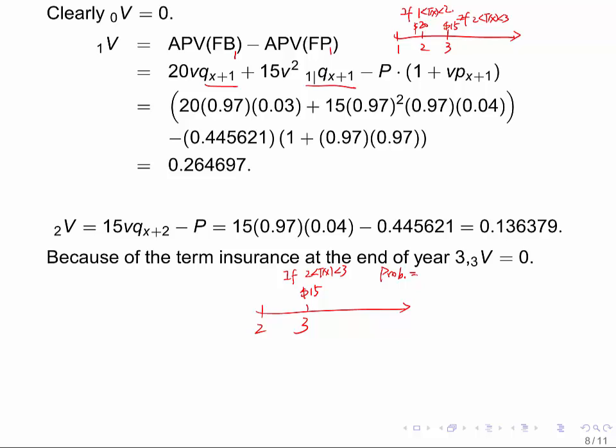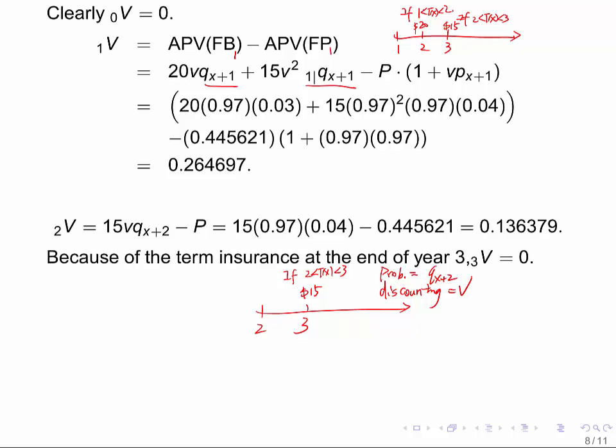So this is basically a 1 year probability of death of a person aged x plus 2. And the discounting is just 1 year discounting. And for the premiums, there's only 1 premium at time 2, which is certain. So there's just a P there. And this way we found the reserve at time 2.